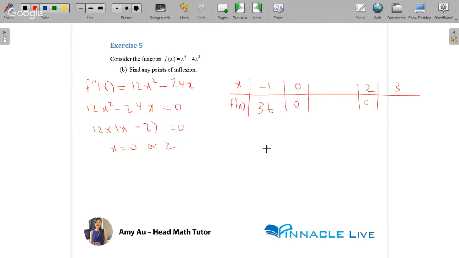Second one is -12. And the last one, the 3, is 36. So that tells us concavity. Positive means concave up, negative means concave down, positive means concave up.